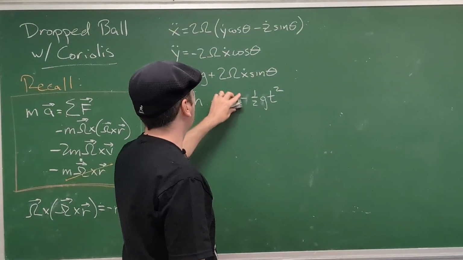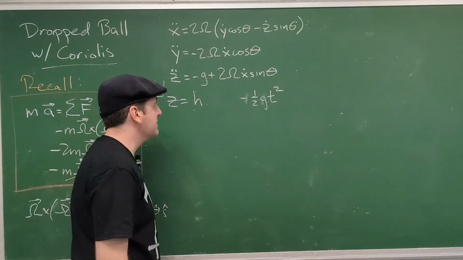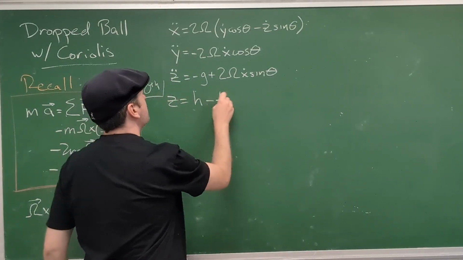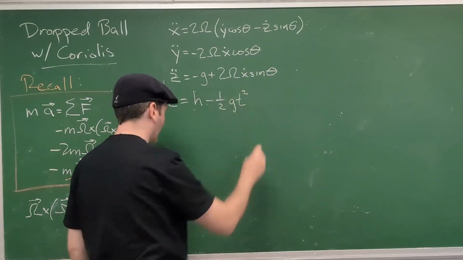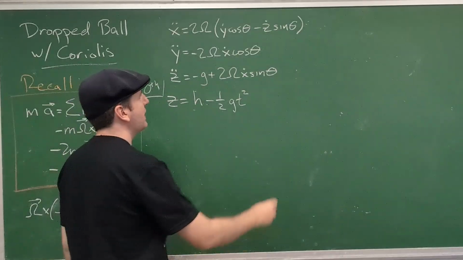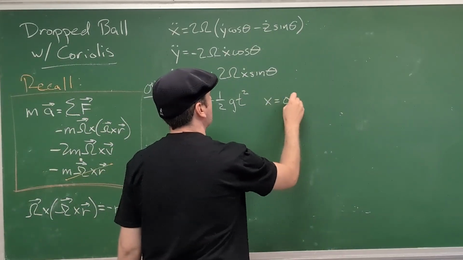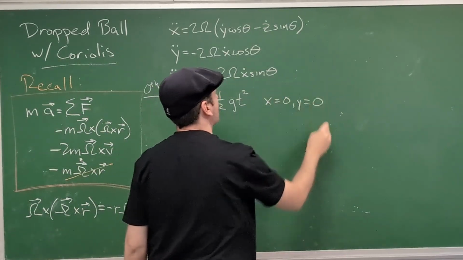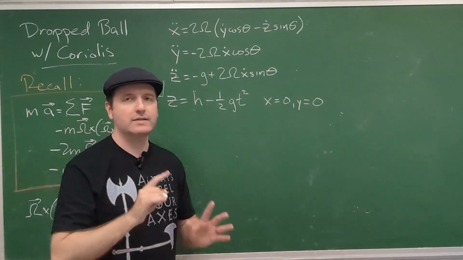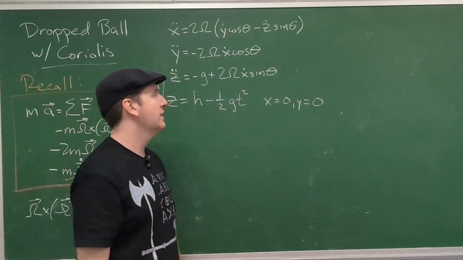So this initial velocity in the vertical direction will be 0. So here's our 0th order approximation for the height as a function of time. That's with no rotation. And of course, we would just get x equals 0 and y equals 0 following along. We're choosing our coordinates so that everything is lined up above this origin.